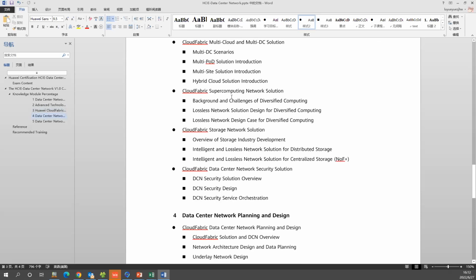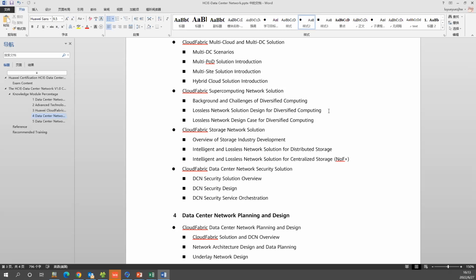And then, in our DC, we have some computing nodes. If you want to use some supercomputing, you can use HPC or AI computing, right? In these two scenarios, they have some specific requirements for the computing network, such as low latency and high throughput.